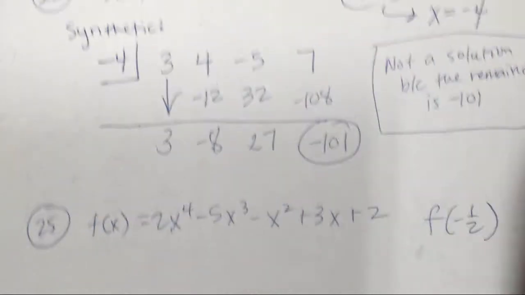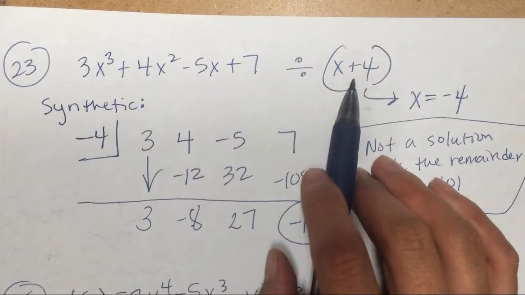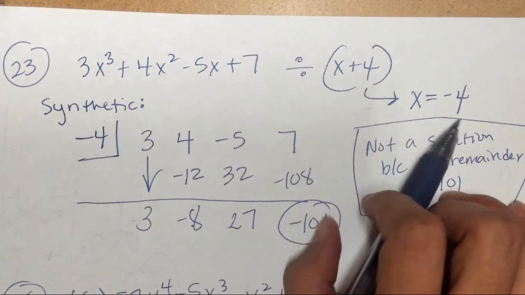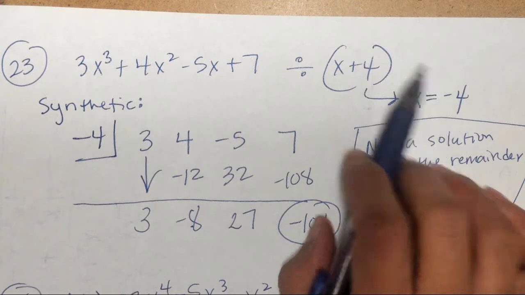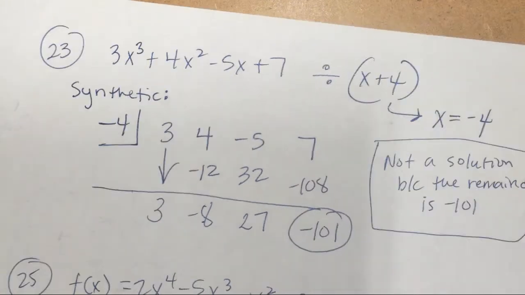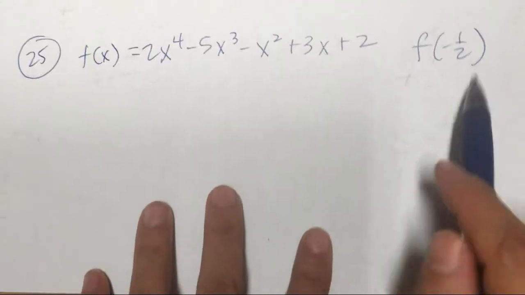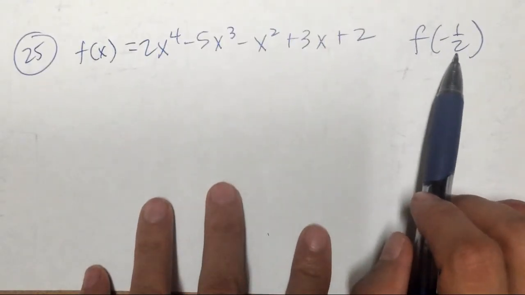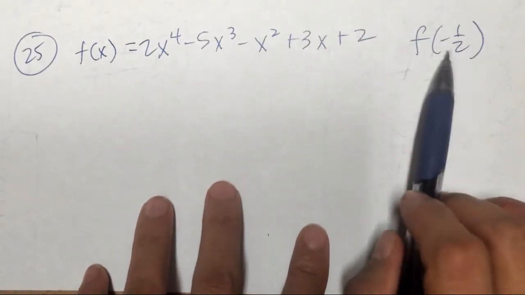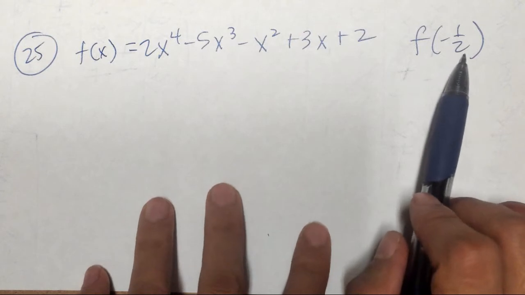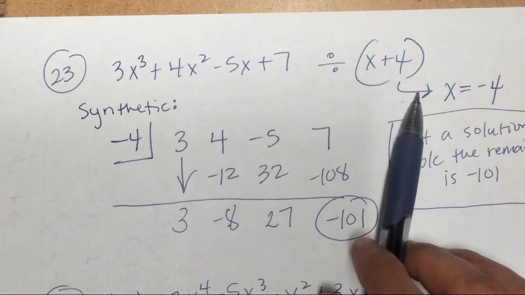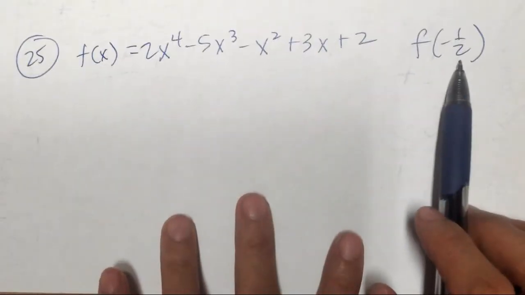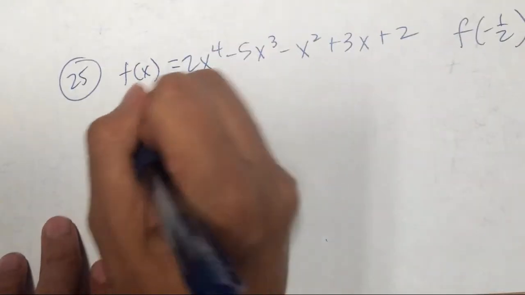Do you see here? They gave it to you as a factor, which is why I chose negative 4, because that would make this 0. But here, they didn't give me the factor. They just straight up gave me the 0, the value that they want me to check. So I don't need to change the sign here. Here I do. Here I don't. Notice the difference. So this is going to be negative 1/2.